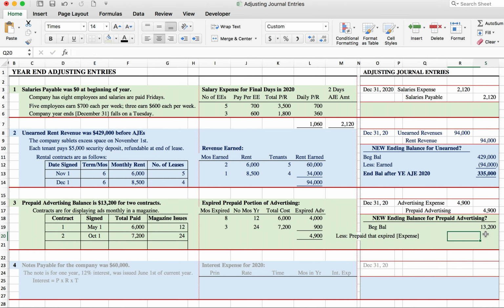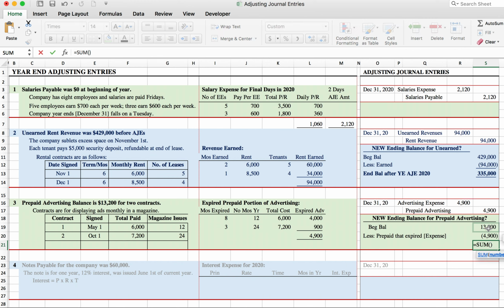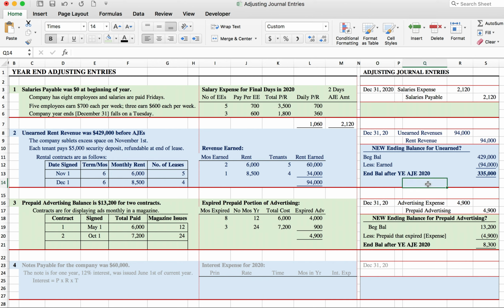That amount is equal to 4,900. And sum this up. So now my prepaid advertising, this is the ending balance after year-end adjusting journal entry 2020. Let me align that, and we're done.